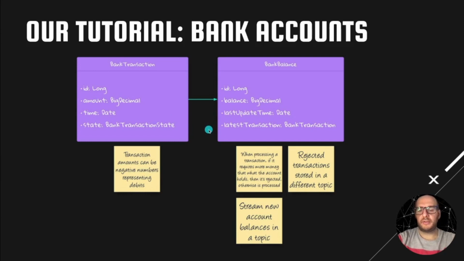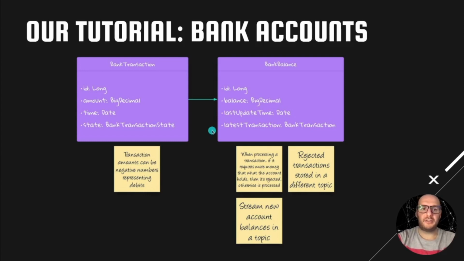Then we also have the bank balance. The bank balance has also an ID, it has an amount, and it also has the last time it was updated. It has the latest transaction, and we are keeping the latest transaction because we're going to need it when we want to stream rejected transactions.